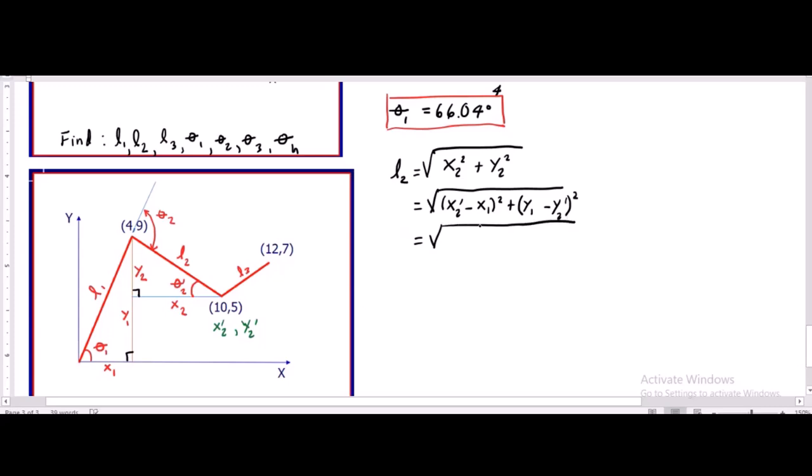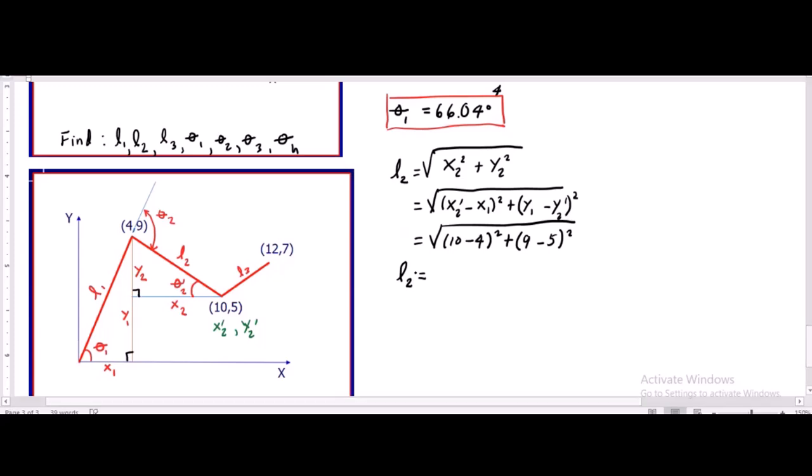We have here our x2 prime is 10 minus the x1, which is 4, square, plus our y1 is 9, minus our y2 prime, which is 5, square.